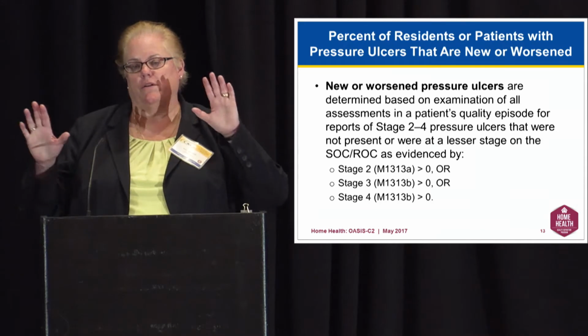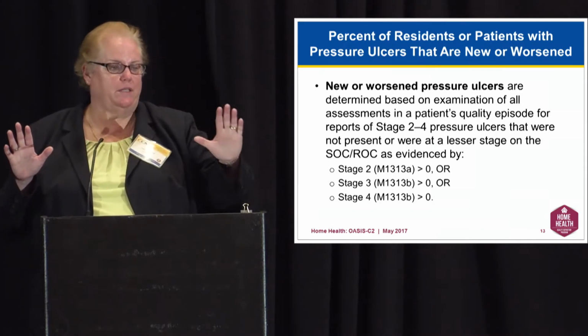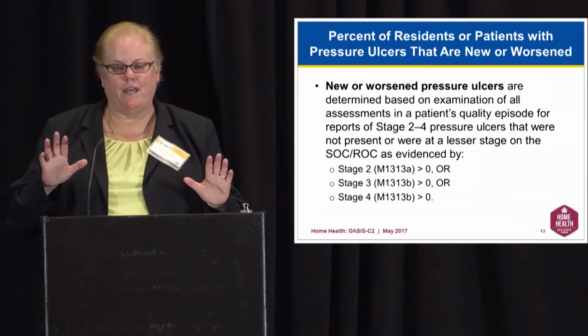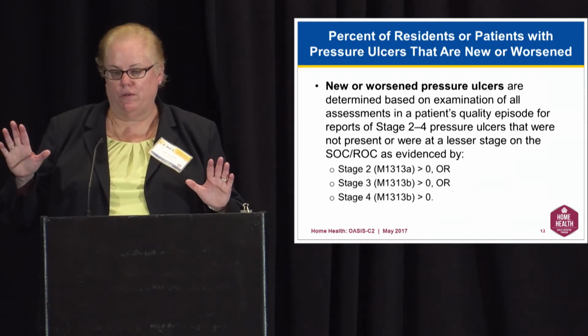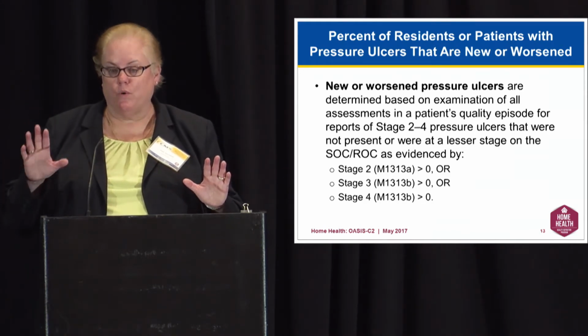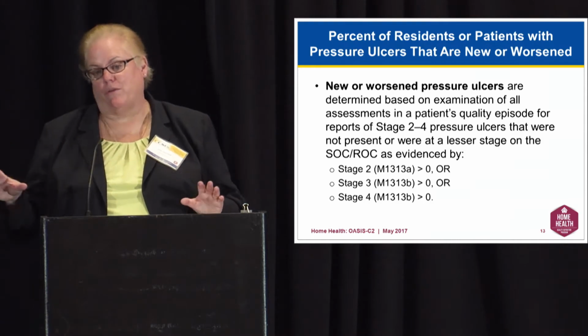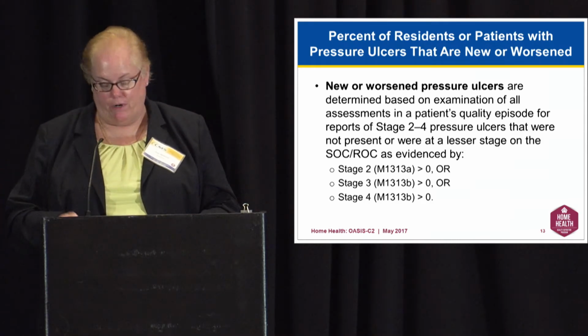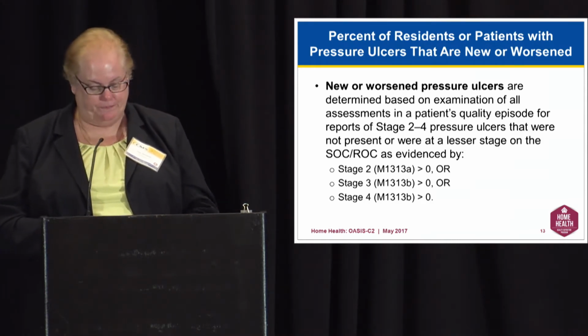And so it's a comparison. It's saying, when I did my SOC or my ROC, do I have any ulcers that are new at stage 2 to 4, or worsened, meaning they were at a 2 and now they're at 3, or they were at 3 and now they're at 4. Okay, that's what this is looking for.